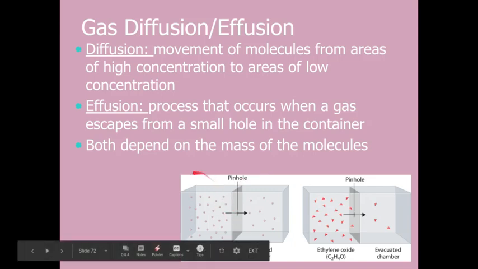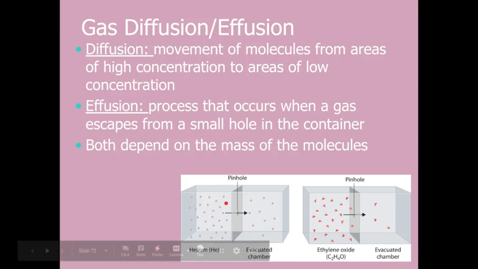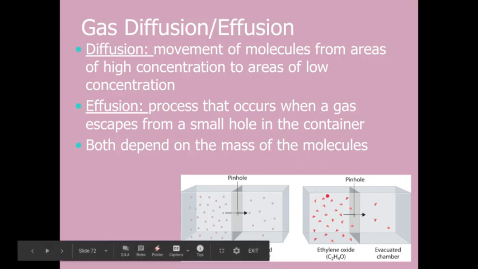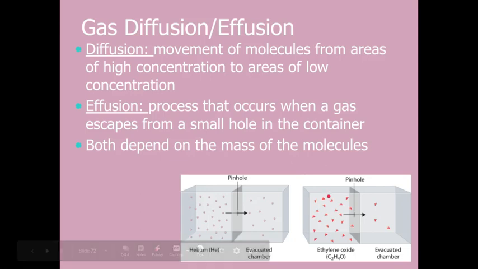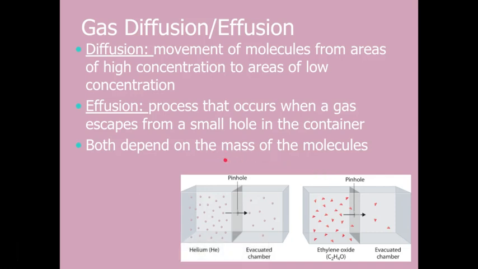So for example, down here, we can look at helium escaping through a small hole through its container, and if you notice, a lot of helium molecules have been able to fit through this pinhole. If we look at a larger molecule, such as ethylene oxide over here, these are larger molecules, so not as many have been able to effuse through this pinhole. So effusion really is just going to depend on the mass of the molecules.